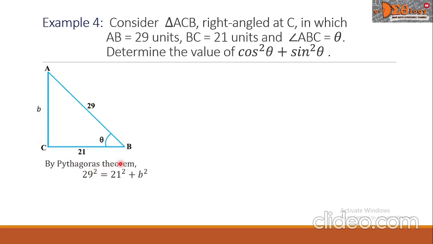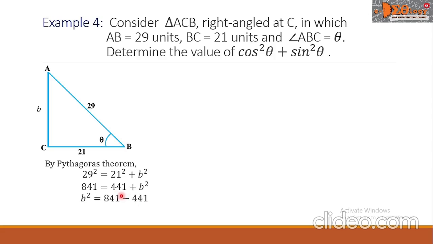By Pythagoras theorem, we write 29 squared equals 21 squared plus b squared. We simplify the squares. We have 841 equals 441 plus b squared. We transpose the 441 to the left side. It becomes negative.